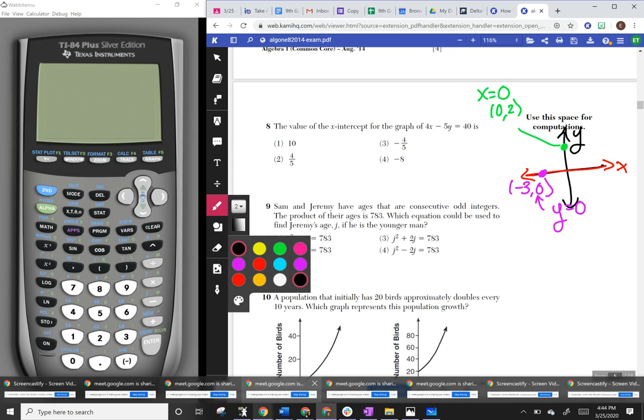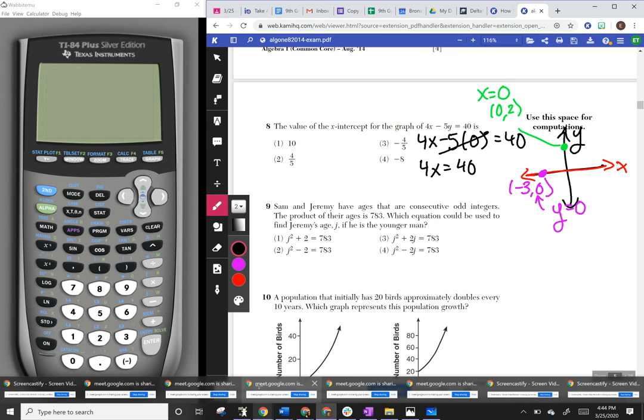Let's try that out. We got 4x minus 5 times, well, we just said for an x-intercept y needs to be 0, so 0. That cancels out. We get 4x equals 40. When you divide both sides by 4, we get x equals 10. So our choice is number 1.